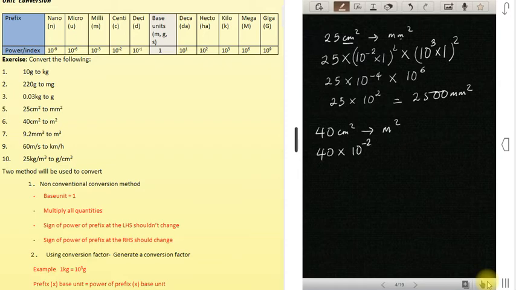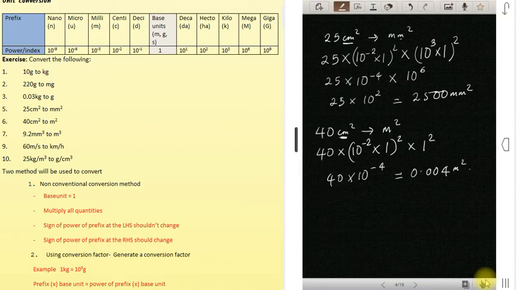I'm going to leave it as minus 2 since it's on the left hand side, times the base meter, which is 1, all square, since the whole unit here is being squared, times a base, which is 1 square. So I have 40 times 10 to the power of minus 4. Okay, and that gives me 0.004 meters square.